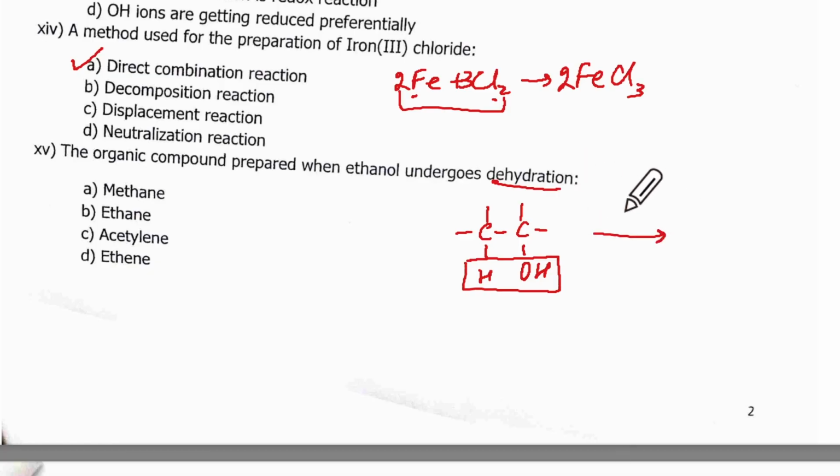The dehydrating agent is concentrated sulfuric acid at 170 degrees C, and HOH will go, and the electron which was shared here will come here. So it will become C double bond C, and it will form ethene. So which organic compound will it be? Ethene.